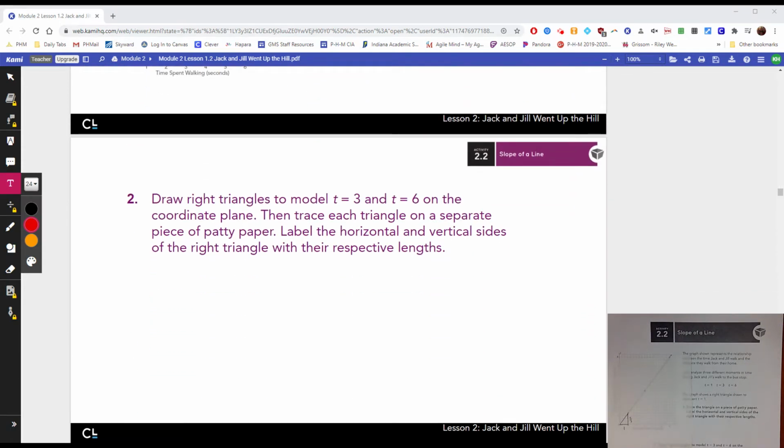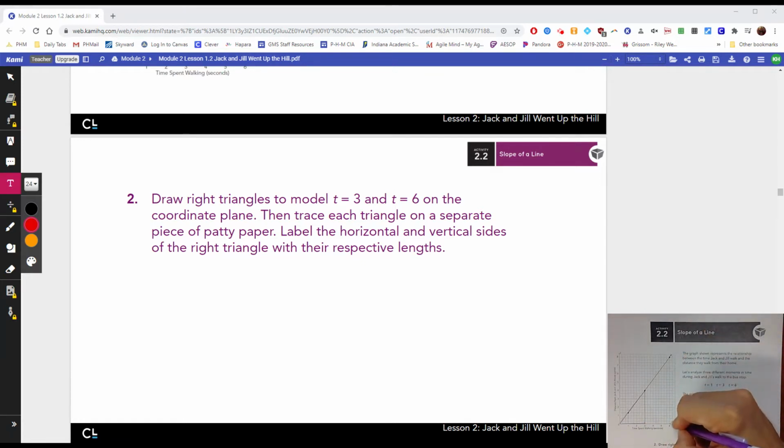Now draw right triangles to model t equals 3 and t equals 6 on the coordinate plane. So let's do that first. So t equals 3 is right here. So this second point on the graph represents t equals 3. So here's the right triangle that would represent t equals 3. And then t equals 6 would be down here.